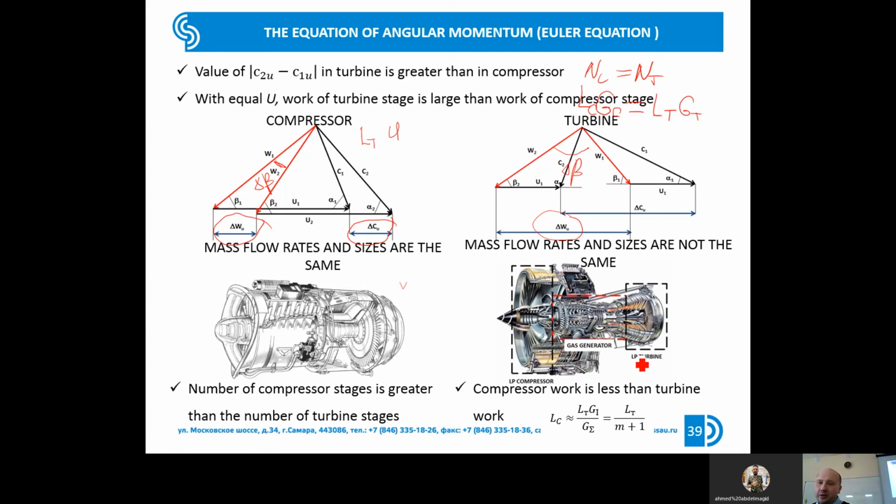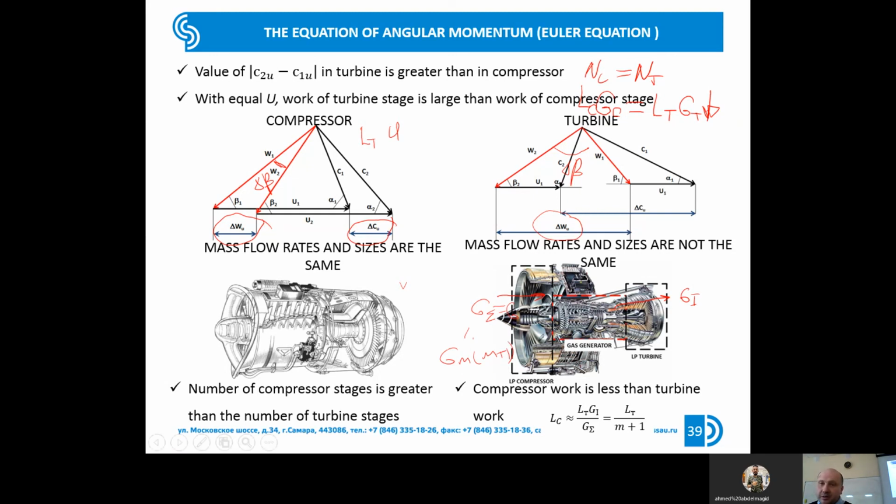But if we look at the low pressure cascade, we will find that the mass flow rate at the turbine is rather small, because only G1 comes through this turbine, and through the fan comes all the mass flow rate through the engine. G is equal to G1 multiplied by the bypass ratio plus 1.